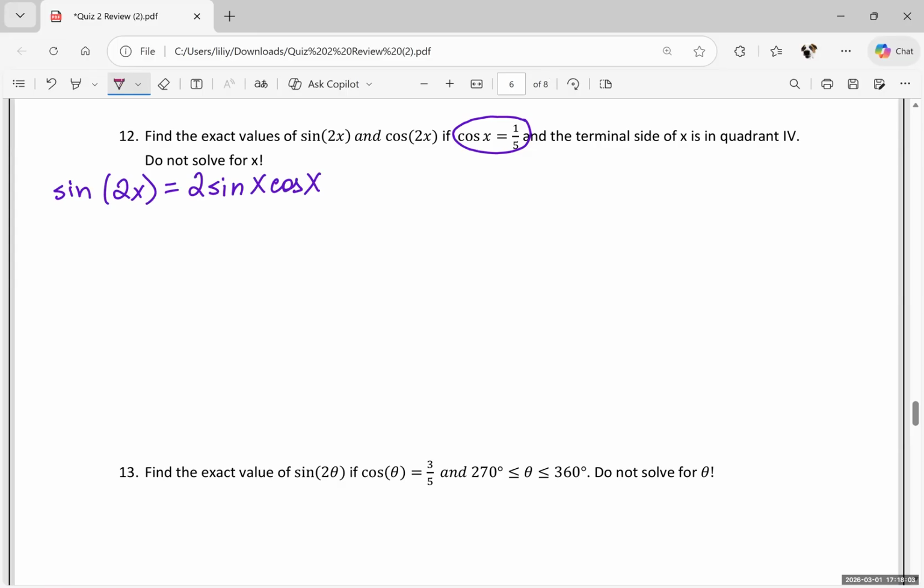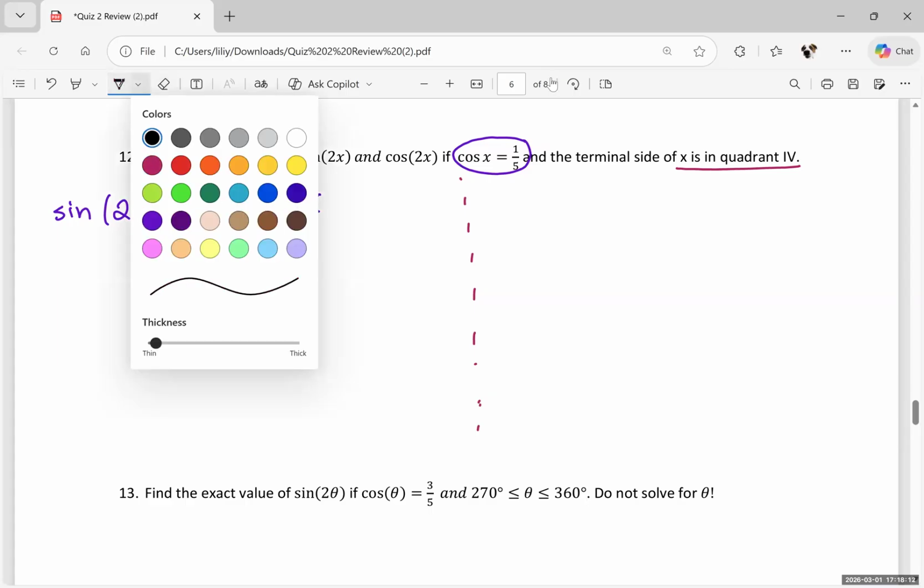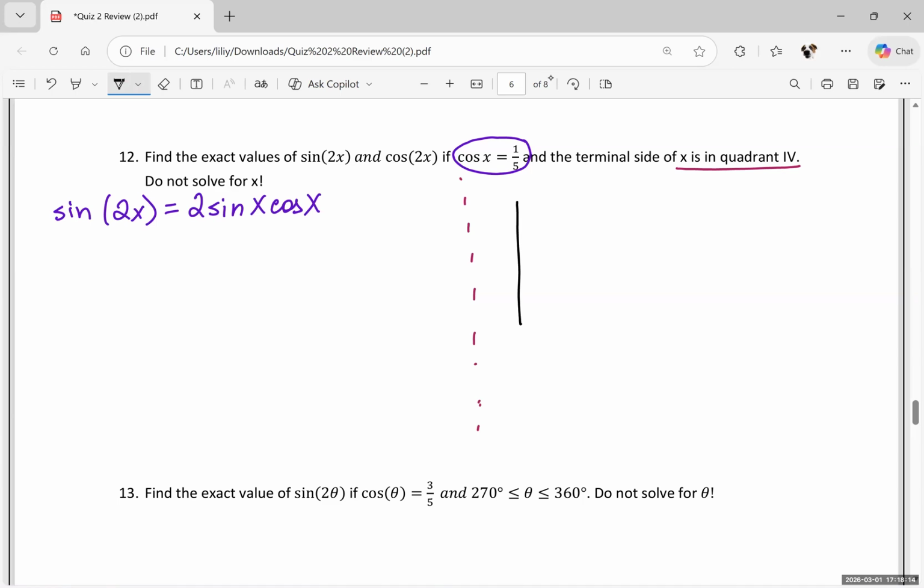I know that the terminal side of x is in quadrant 4. So if I draw a little triangle in quadrant 4, this is my x. I know that cosine x is 1 over 5.